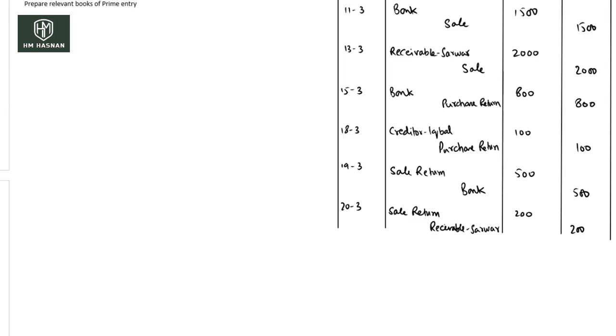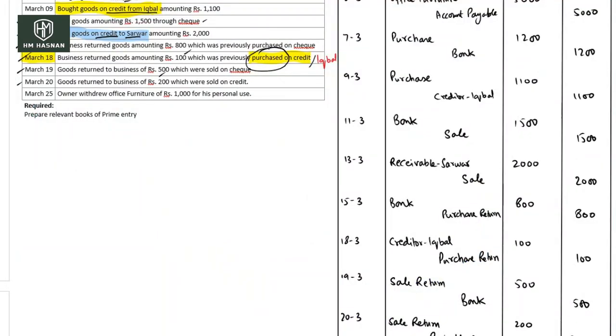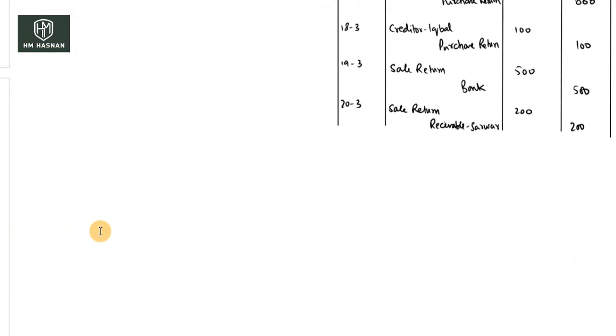So here is the last entry we have to record. That is on 20th March, owner withdrew office furniture rupees 1000 for his personal use. It means owner withdrew something from business, that is the drawings. So we will record the entry. Here is the drawings debit.